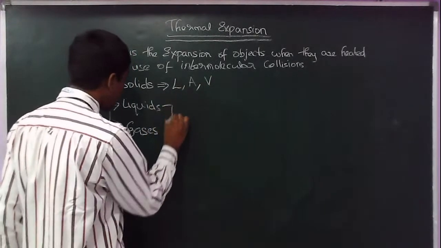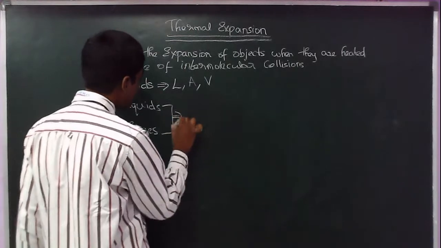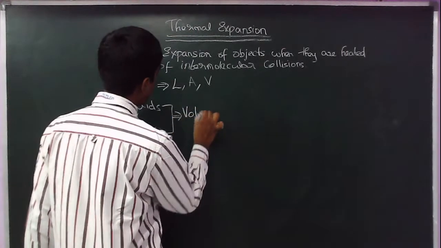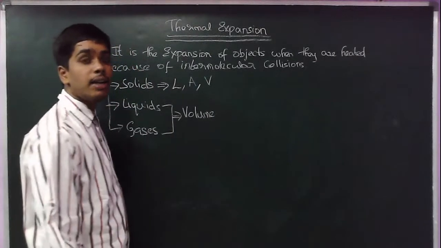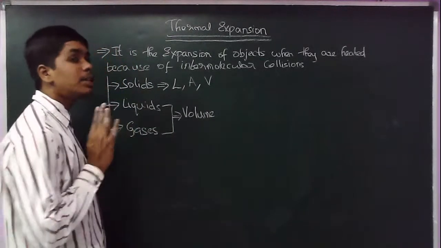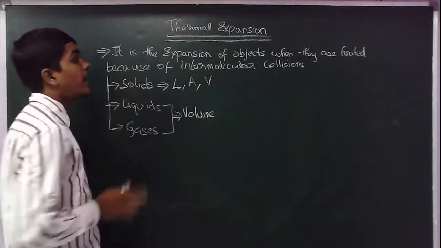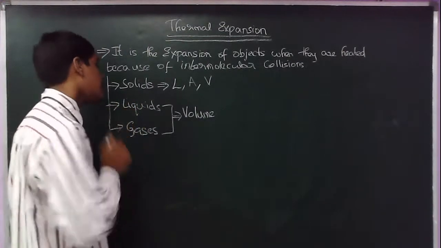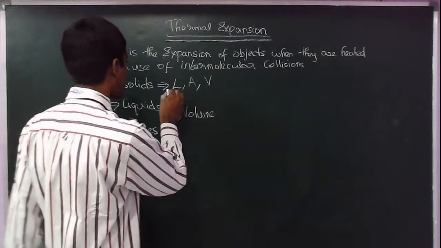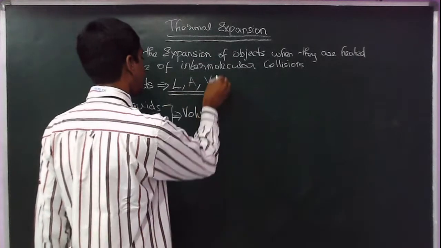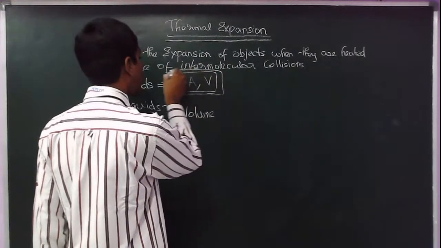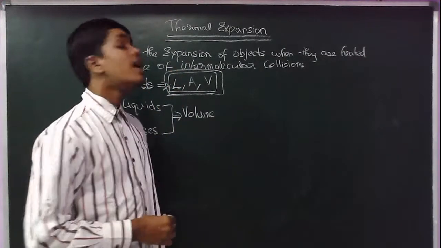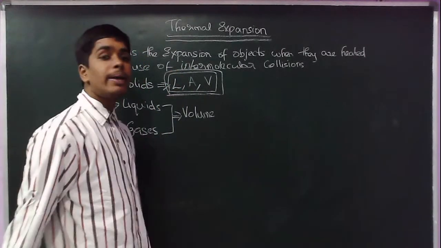But liquids and gases have only volume expansion. In today's session, we will end this session with solids. The next session we will start with liquids and gases. Okay? Solids have linear expansion, areal expansion, and volume expansion.